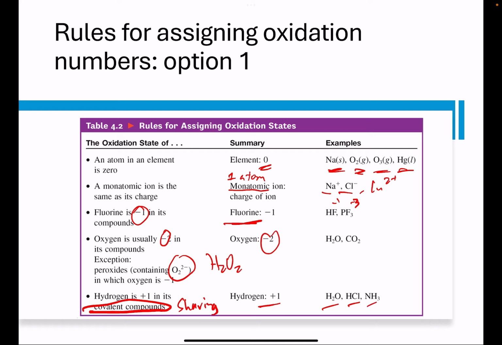So some examples, H2O and NH3. In this one, N is going to have a 3- charge, right? Because it has gained 3 electrons from our hydrogen.